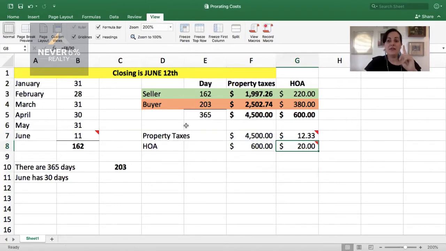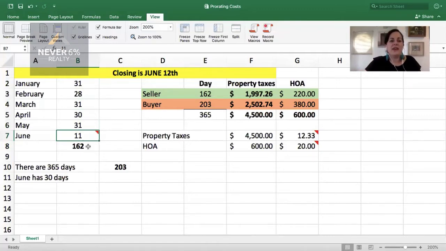Now, the next thing you have to do is figure out how many days are in January, February, March, and so on, right? Obviously, there are computers and there's software for this, but we're doing this example by hand so we can understand the logic and the math behind it. So look, you do 31, plus 28, plus 31, you add all of this, right? And then the closing day is on the 12th, so you want to do it up to the 11th.